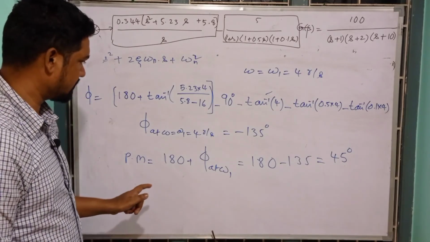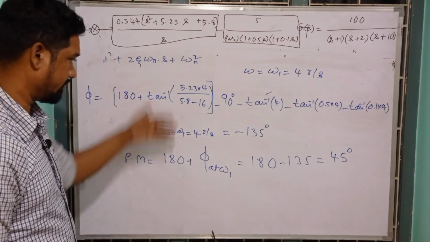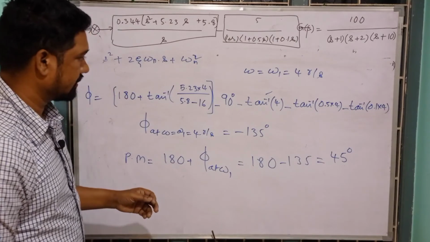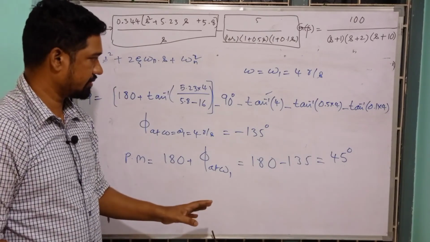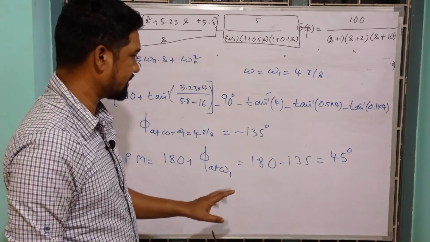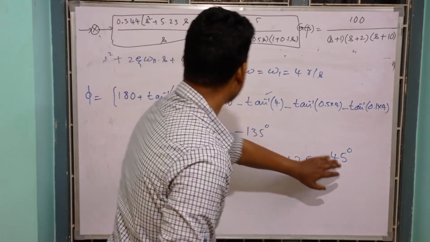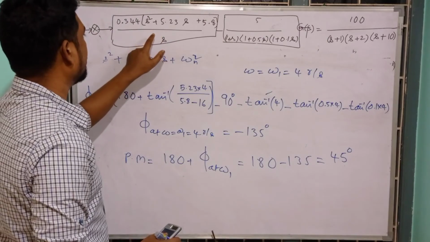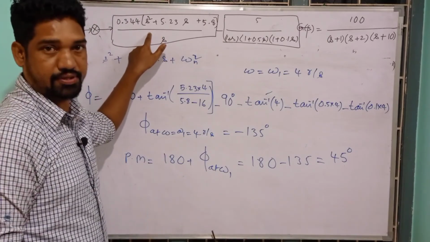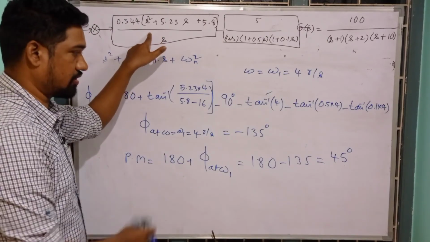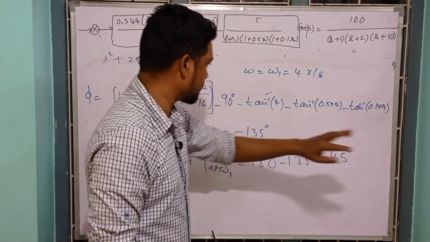Previously the phase margin was 20 something, I don't remember because it was done before, but that didn't meet the requirement. The desired phase margin was to be 45 degrees here. So this value of the PID controller is perfect. The design is perfect. Now this is the conclusion. You have to prove this one, and it was proved, right?